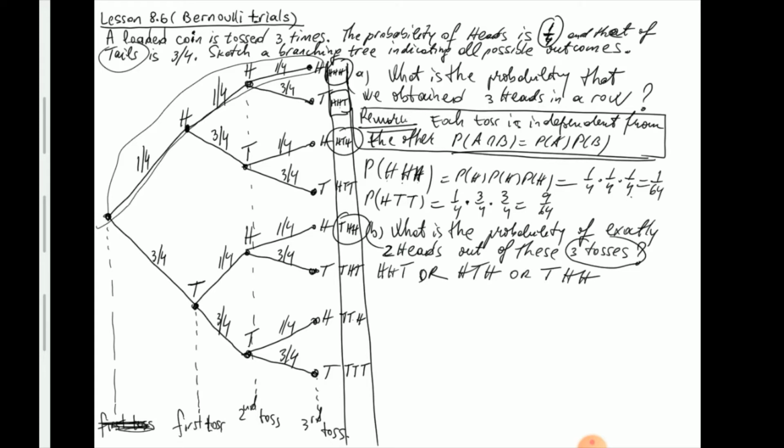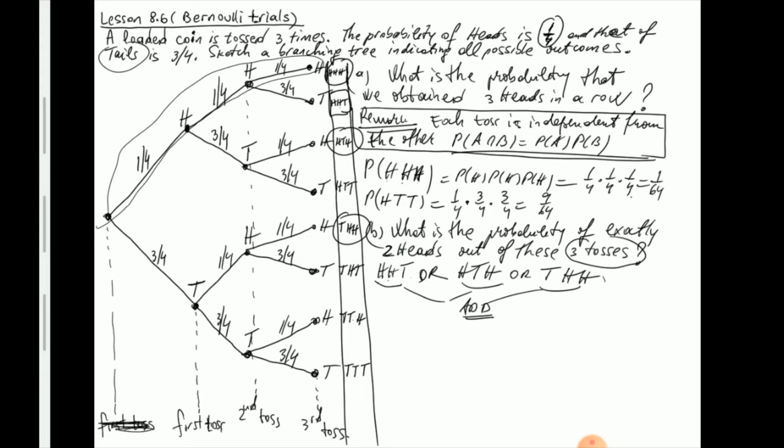Now, or means union in the language of probability. And notice also that these are mutually exclusive, right? So these are distinct outcomes when you look at the tally of all possible outcomes from these three tosses. So when I compute the probability of this union, I just add the probabilities of all these three outcomes. Each of them again is obtained by multiplying the probabilities of each of these tosses, right?